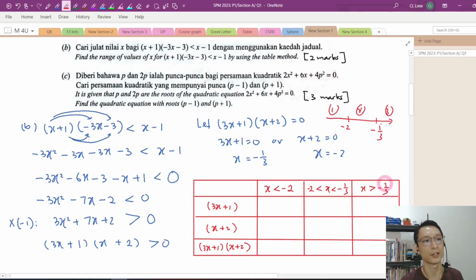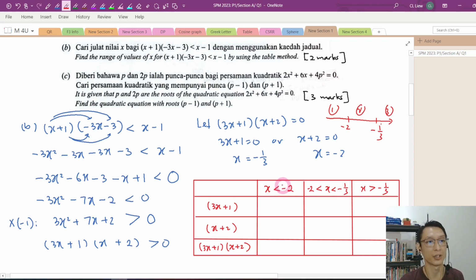Now what we need to do is simply pick a value less than negative 2 and plug in. The answer is not that important, the most important thing is positive or negative. You can just simply pick a number.